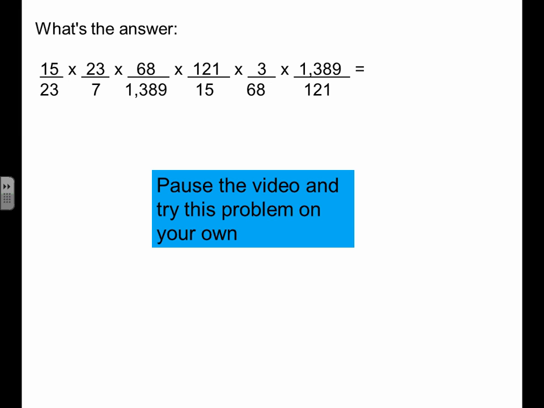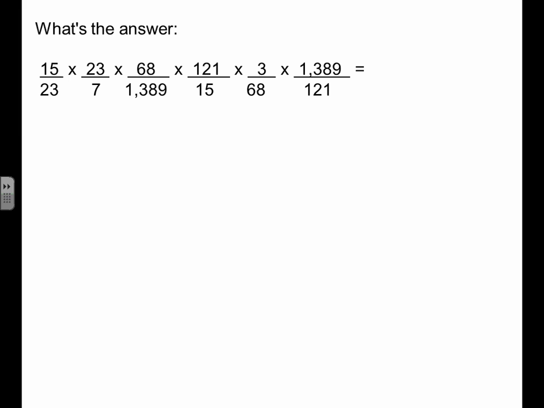All right, now that you've had a chance to try this one, let's go through and solve it using our shortcut. I have 15 on top, and they don't have to be right by each other since these are all multiplied here. It doesn't matter where on top or where on bottom they are. So I'm just going to cancel out the 15 on bottom, even though it's all the way over here.